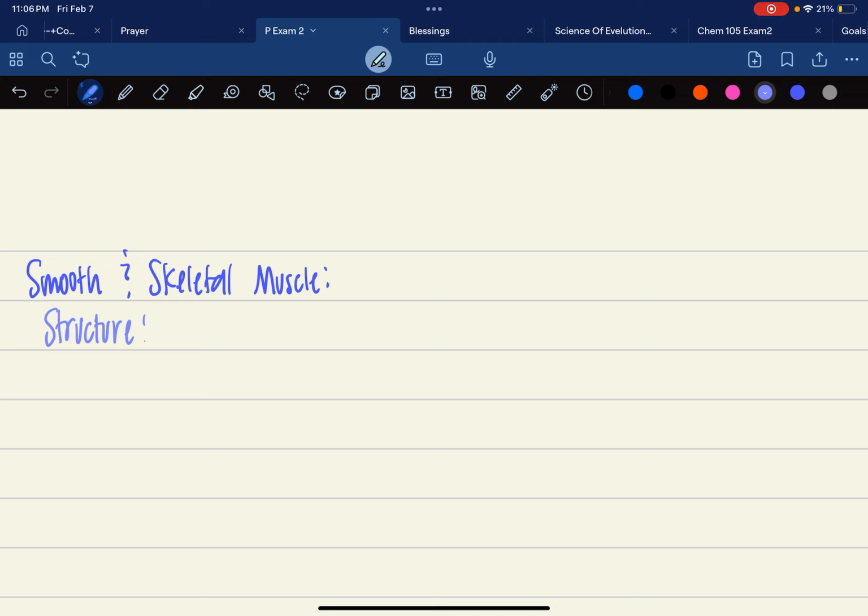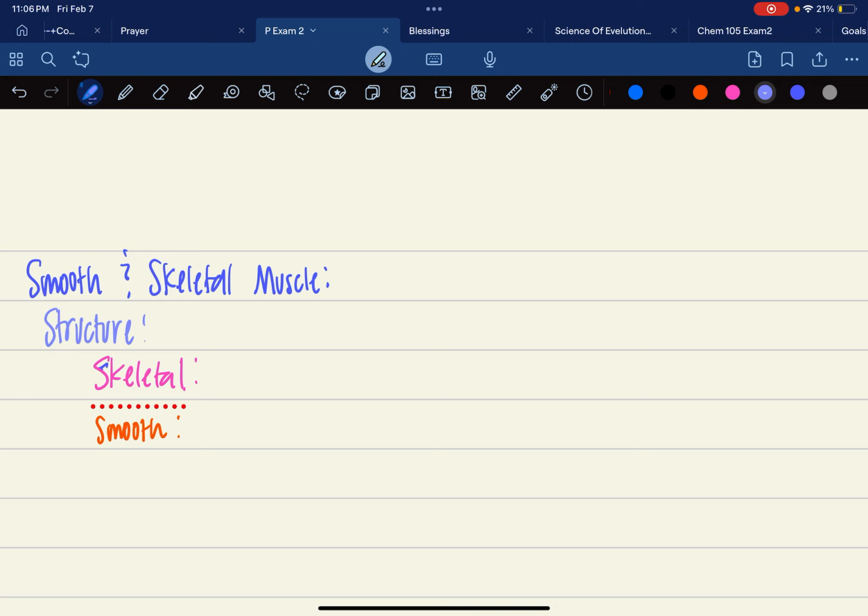Let's just do both. Skeletal muscles have striations and multiple nuclei. Smooth muscle lacks striation and has a single central nucleus.